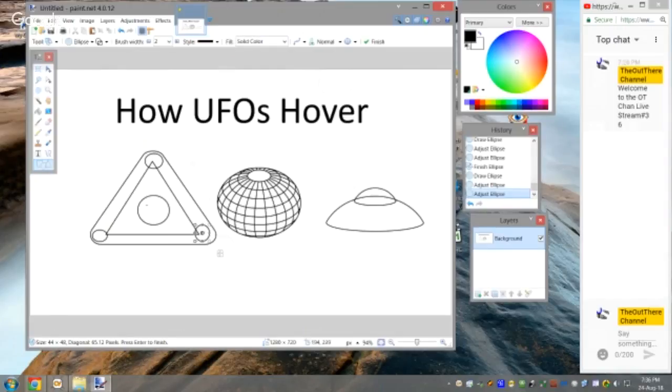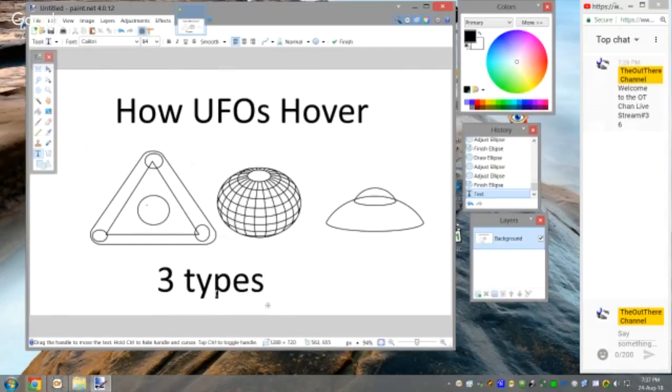So let's have 3 UFOs anyway. 3 types. You could say there's actually lots more variations on this, but really they boil down to those 3 shapes.